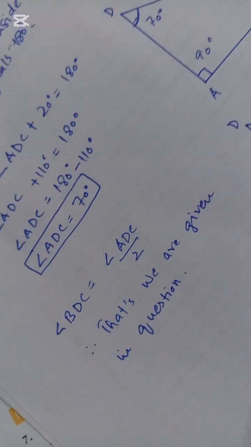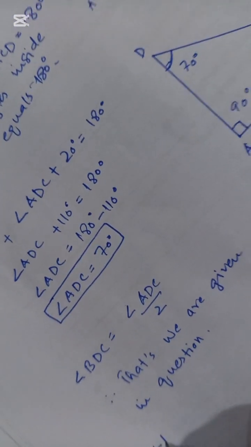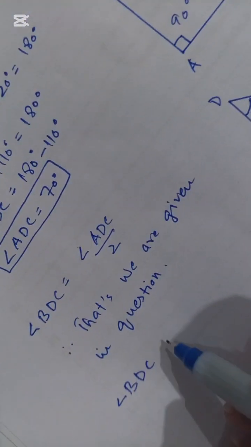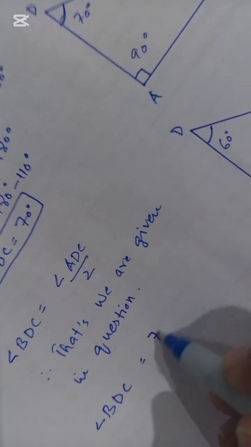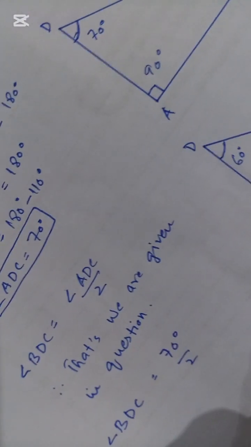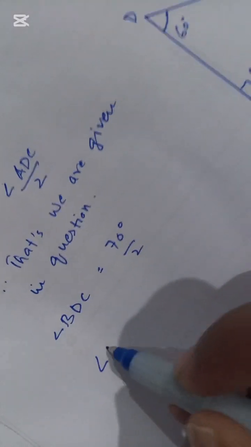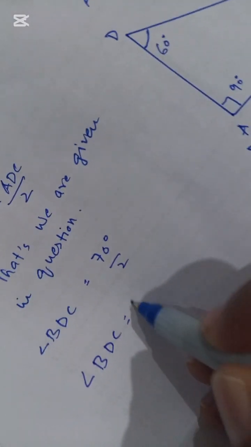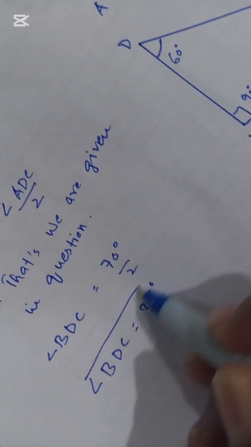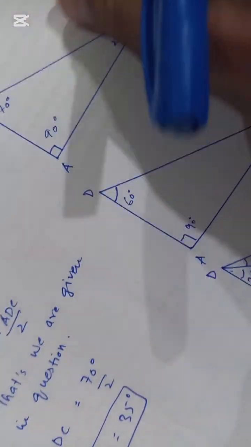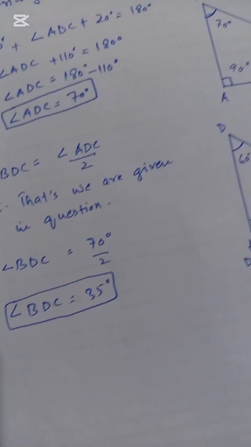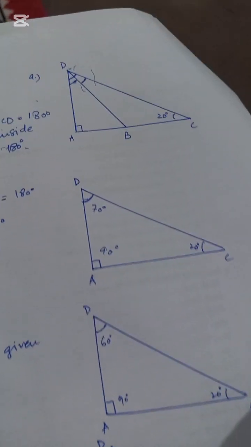So now angle BDC equals, the value of angle ADC is 70 degrees, right? So 70 degrees divided by 2. So angle BDC equals 35 degrees, right? So we have found the value of angle BDC. We have solved the first part of the question, right?